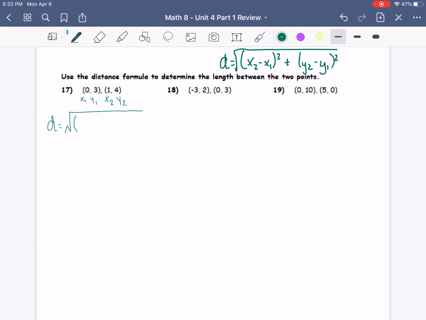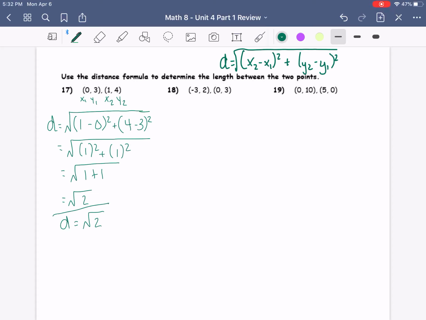So x2 is 1, x1 is 0, y2 is 4, y1 is 3. So remember, you can just leave it in its square root form. Again, pause the video if you didn't get this and need to write it down.